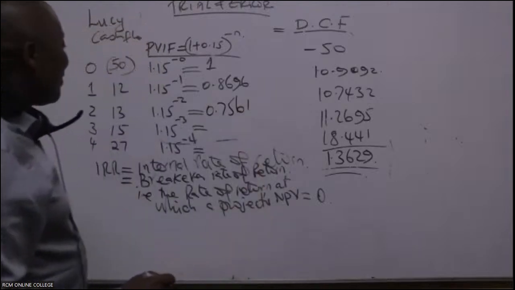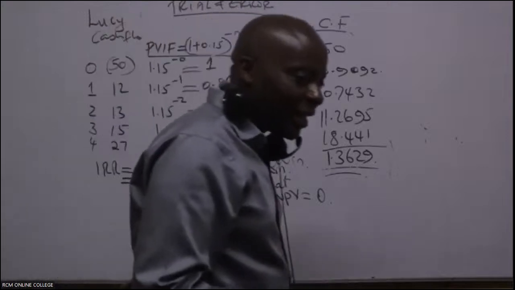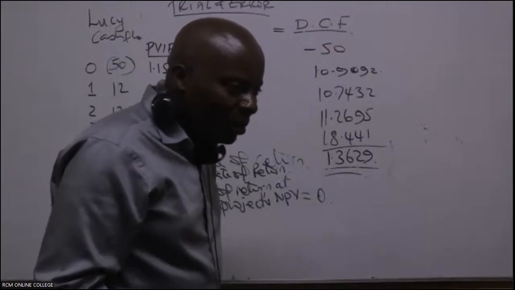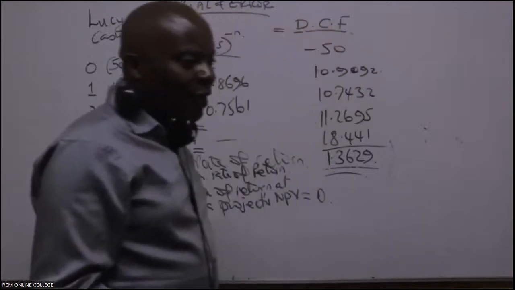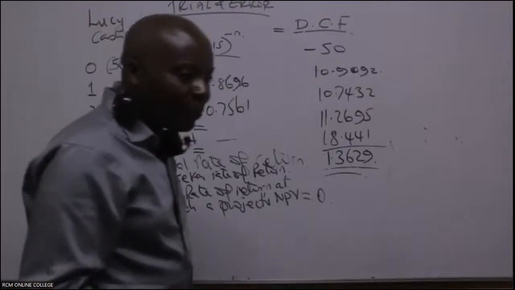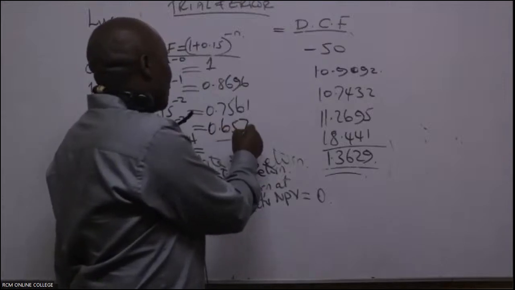0.7561. So please go to year number 3. Year number 3, what do we have here? Thank you, Patricia. Thank you, Betty. 0.7561, and then we have 0.6575.